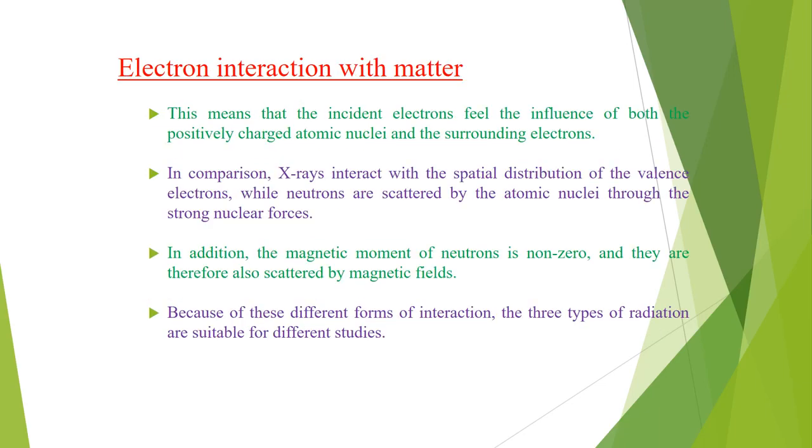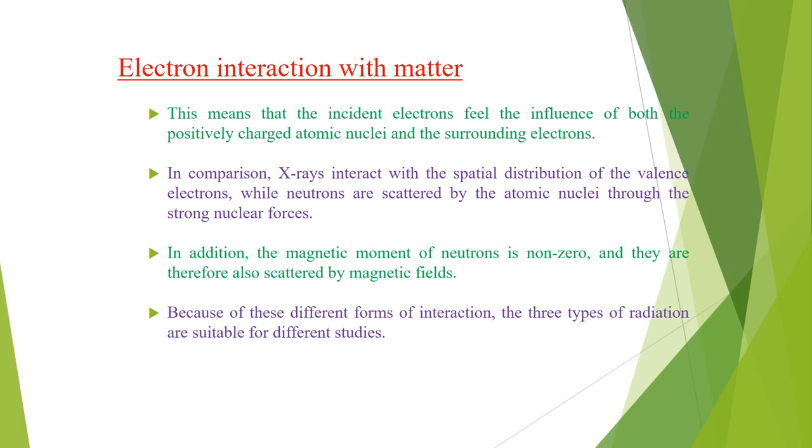And the electron interaction with matter is really unlike other types of radiation used in diffraction studies of materials, such as X-rays and neutrons. Electrons are charged particles and interact with matter through the Coulombic force.